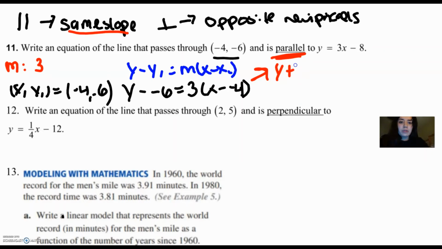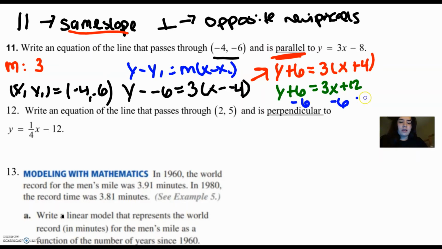So we have y plus 6 equals 3 times x plus 4. And finally, we are distributing and solving. We get y plus 6 equals 3x plus 12. We subtract 6 from both sides and get y equals 3x plus 6. And that's our new line.